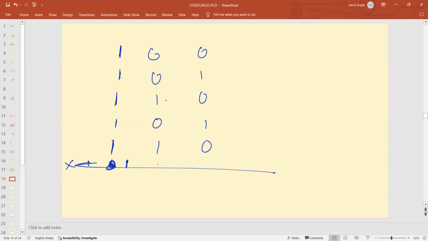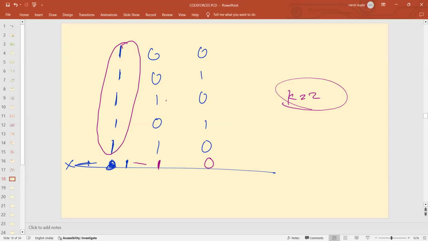This value is, let's suppose, 1 again, and this value is 0. And the value of k given to you is 2. So if you are getting all ones before only, and the value of x as 1, you don't need to do any XOR operation. Why? Because what is our aim? Our aim is to make the leftmost bit AND value as 1. This is our aim, right?